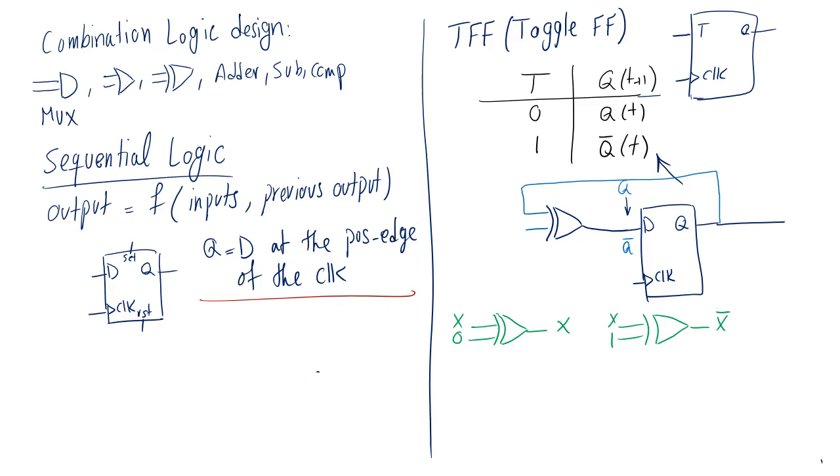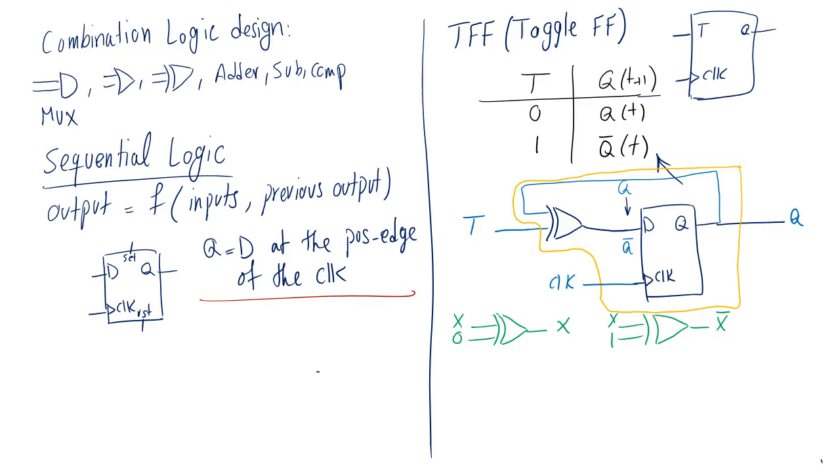I can draw a line here, and that would be my T input, that would be my clock, that would be my Q. So I just made the orange box, or well, the contour, is basically my T flip-flop. So a T goes in and I have an internal feedback system with a D flip-flop and an XOR.